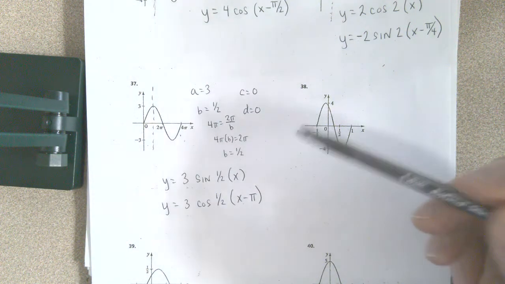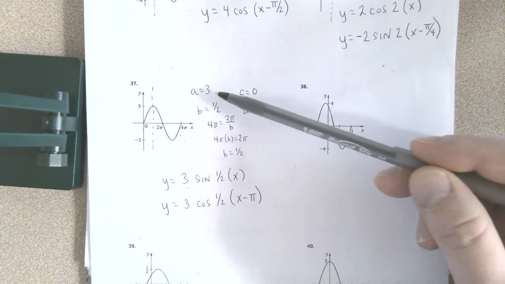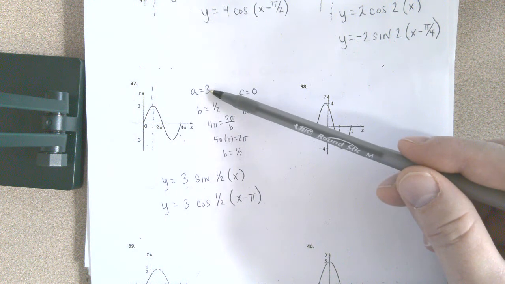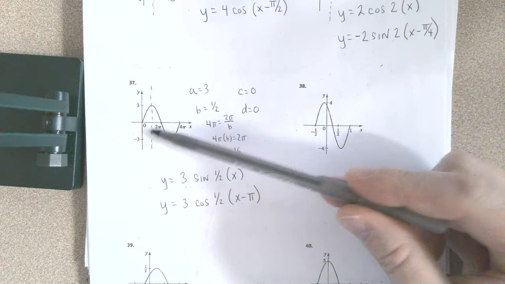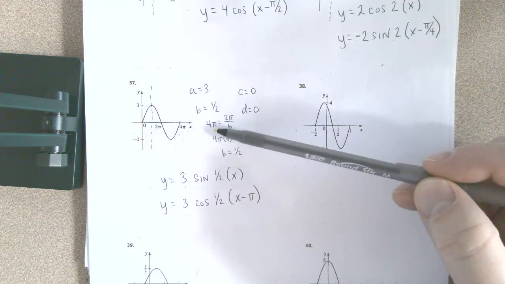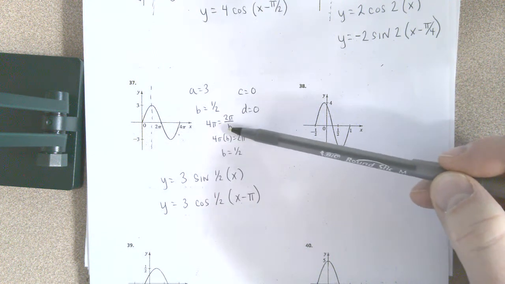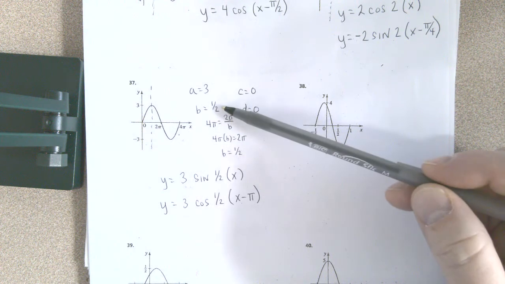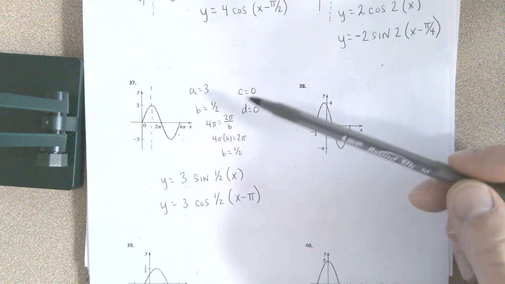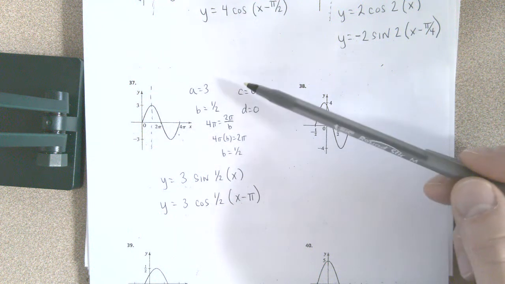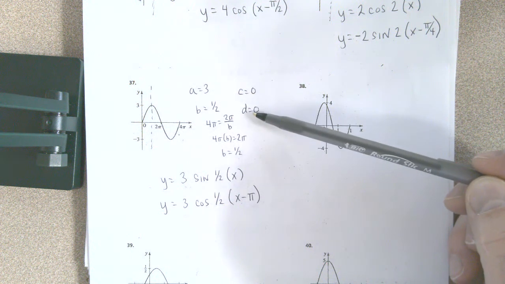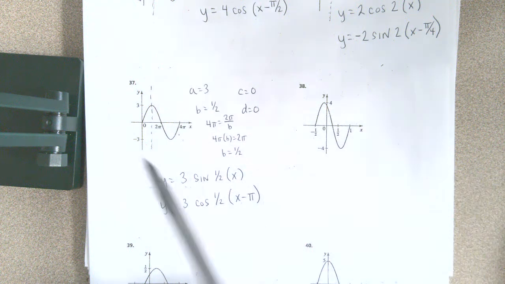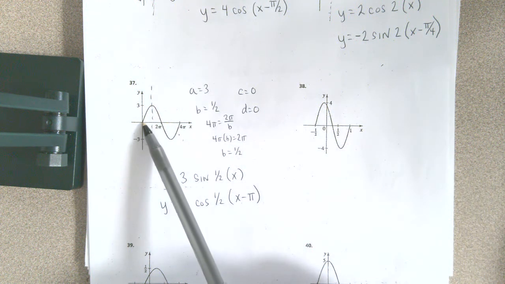So let's go ahead and do a quick check here on 37. Hopefully you said that the amplitude was 3. Notice that one full period is 4 pi. So to find b, I'm going to do 4 pi equals 2 pi over b, which gets me a b value of 1/2. For the sine curve, c is 0 and d is 0, because I'm starting at 0, 0.